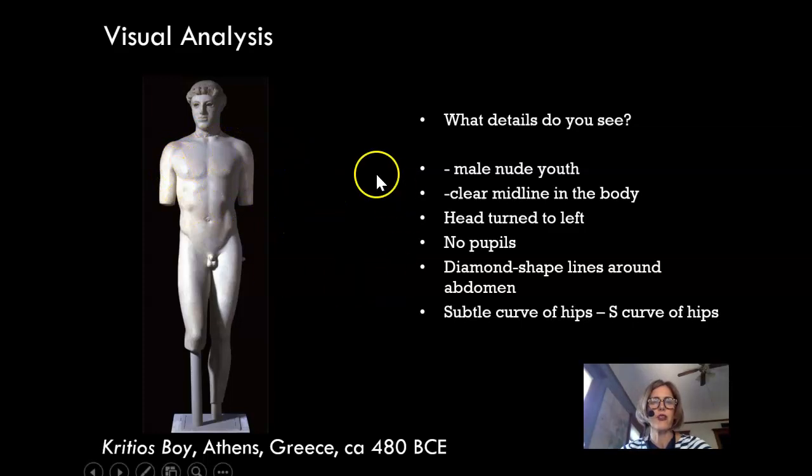I also noticed this diamond shape in the torso, lines around the abdomen. And I also noticed this subtle curve of the hips that creates this S curve through the body. And you might find other things that you notice as well. I just had to limit it due to time constraints, but you could go on and on with various details.